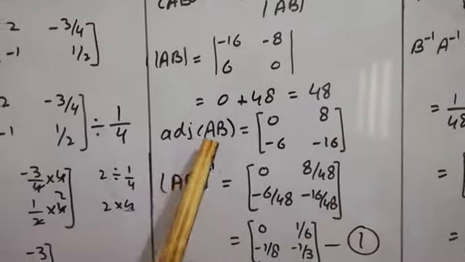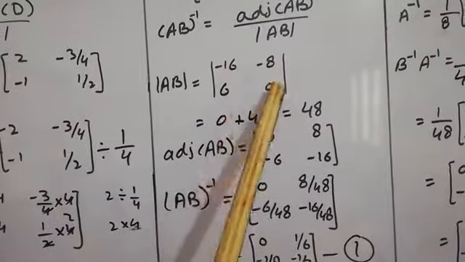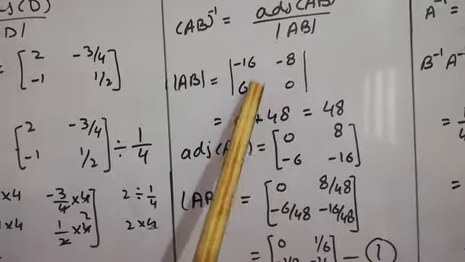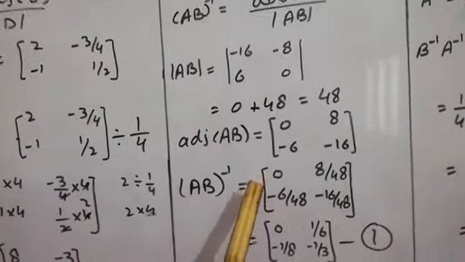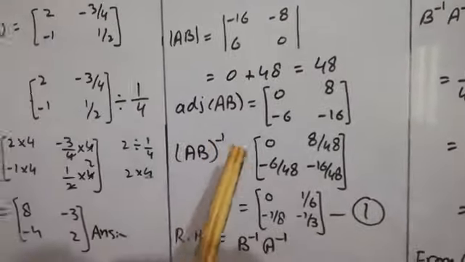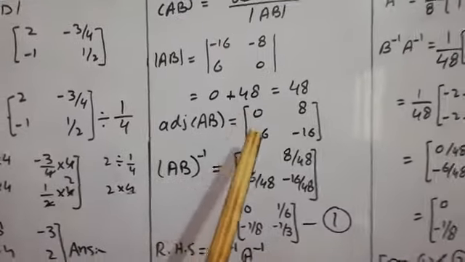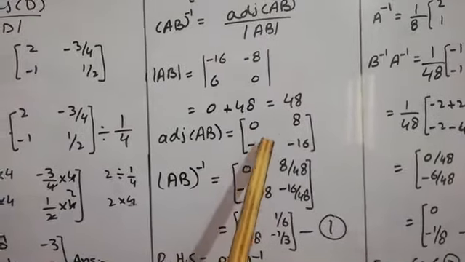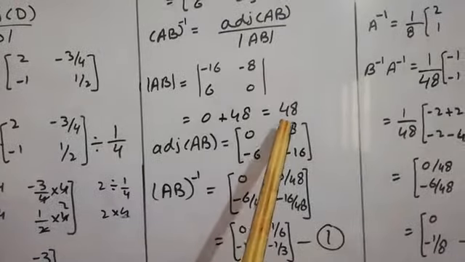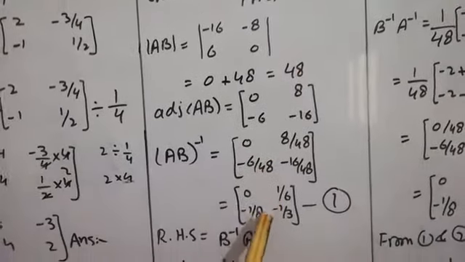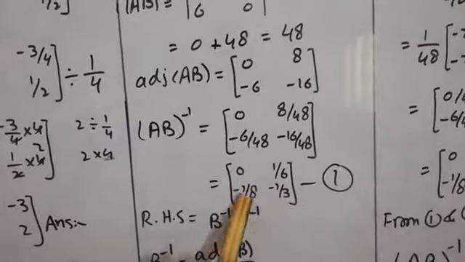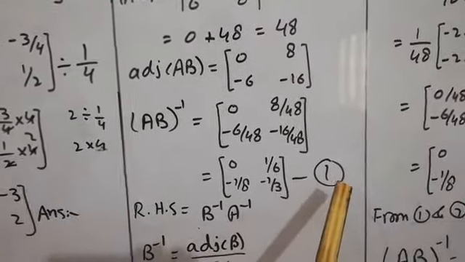Now we will find the adjoint by interchanging the values of the diagonal and by changing the sign of the other values. Now at the end we will divide all the entries of the adjoint of AB by the determinant, and so we will get 0, 1 by 6, minus 1 by 8, minus 1 by 3. This is answer number 1.